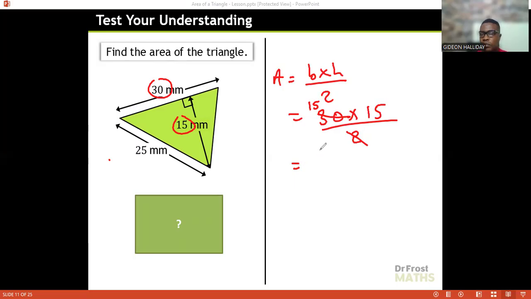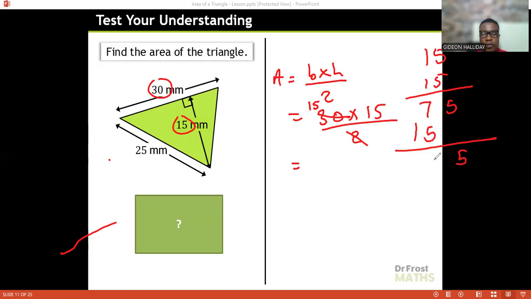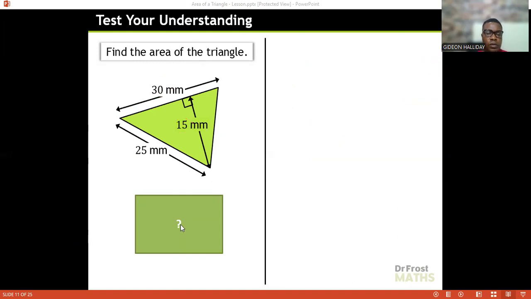You can use long multiplication. 5 times 5 is 25. Then 1 times 5 is 5, 1 times 1 is 1, that's 75. So the answer is 225. You should know the square of 15, but you just have to do it so you don't make mistakes. Millimeters squared.